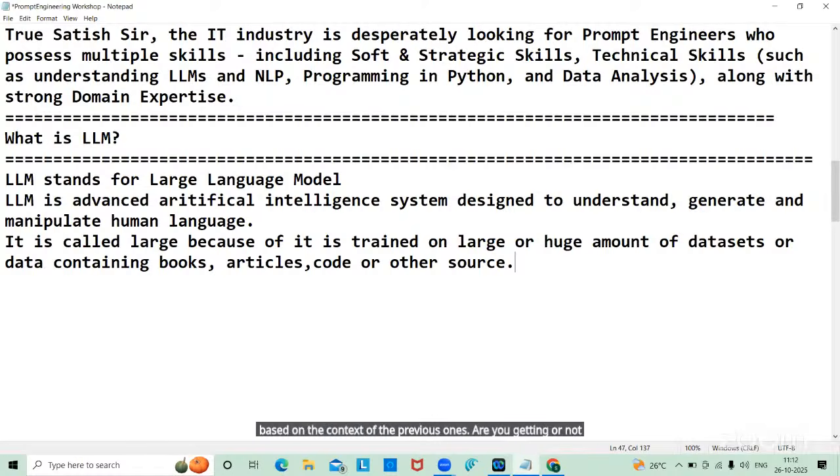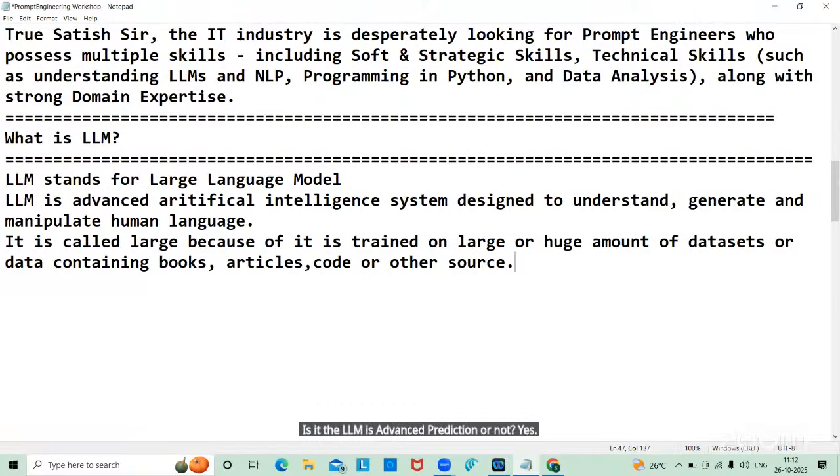This allows it to write essays, answer questions, translate languages, summarize text, or generate code, and a lot of things. All of that is done by the LLM. You can say it is advanced prediction, right?